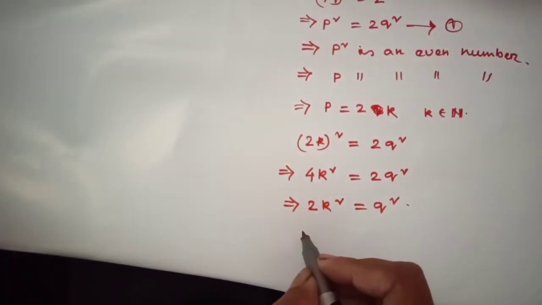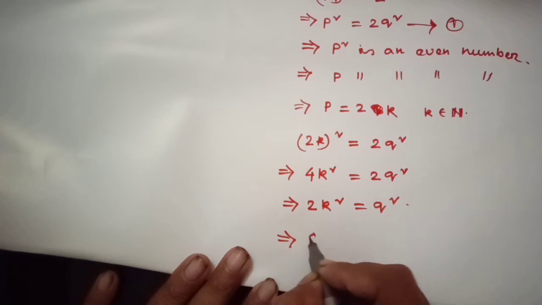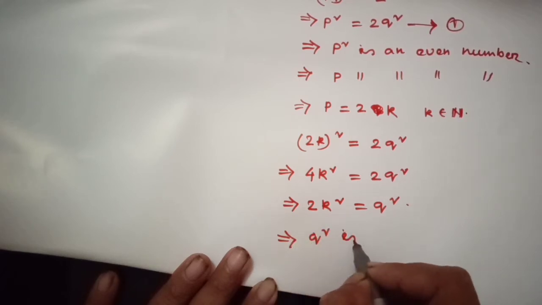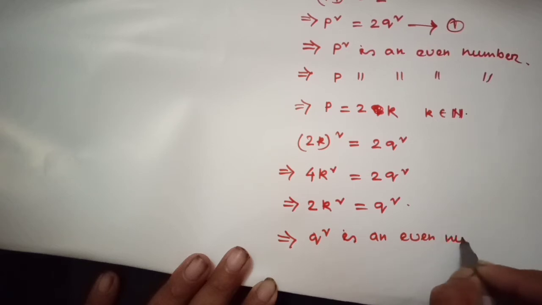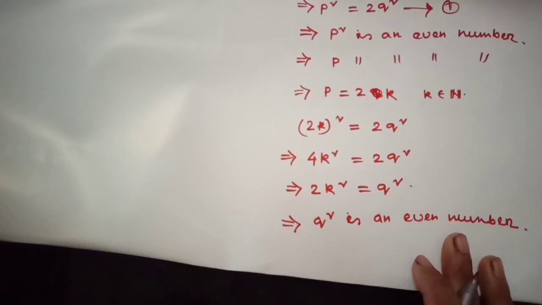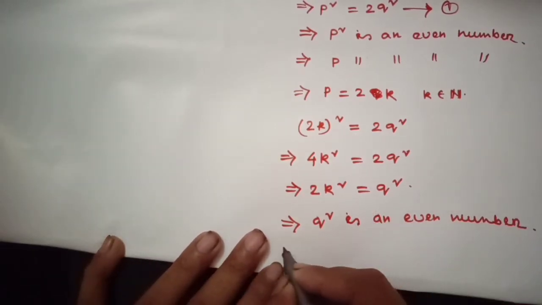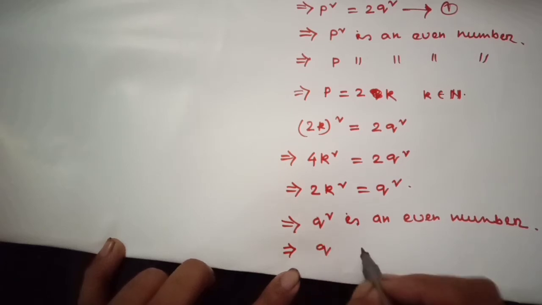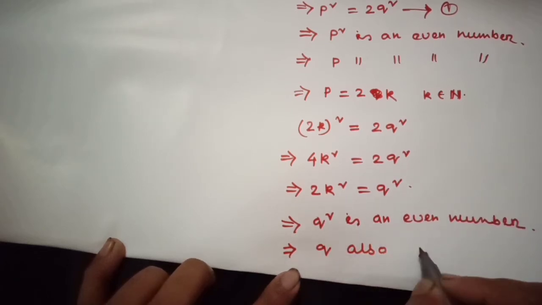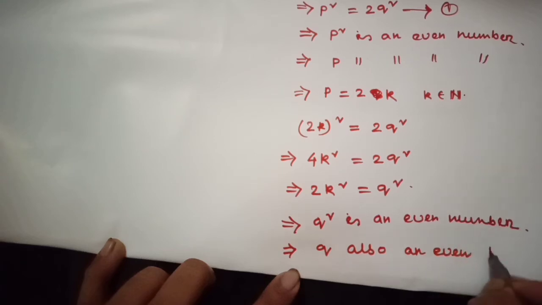That implies Q square is an even number. Have you understood? And also, if Q square is an even number, then Q is also an even number.